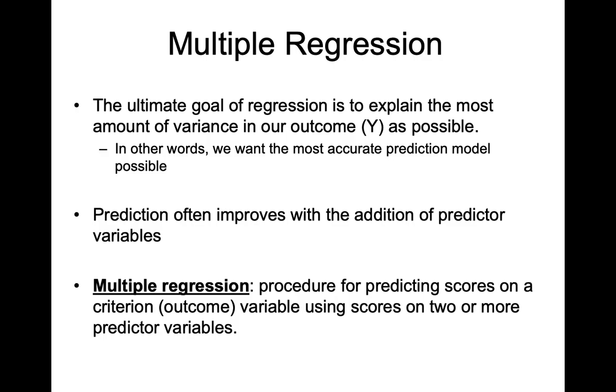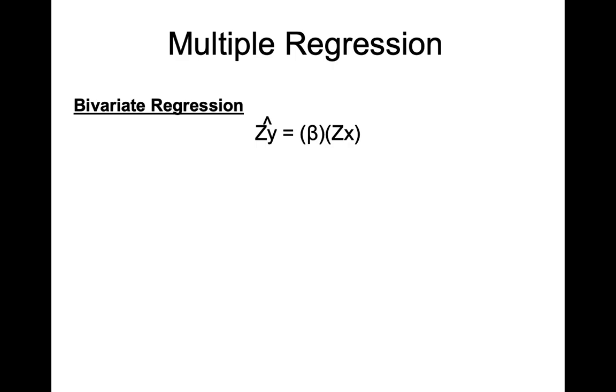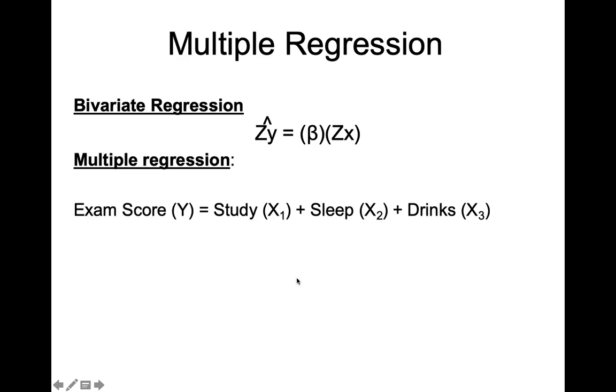This is just a procedure for predicting scores on an outcome using scores on 2 or more predictor variables. So in bivariate regression, we have the standardized form: predicted zY equals the standardized regression coefficient times zX. In multiple regression, we've got a Y, an outcome that we want to predict, and we're going to predict that from multiple variables, not just 2 variables.